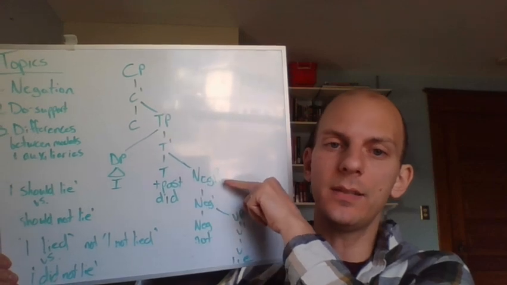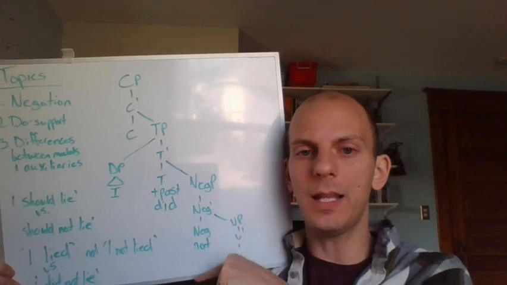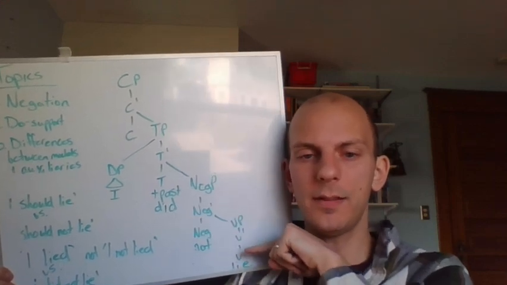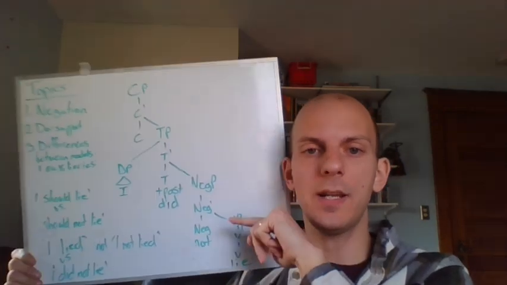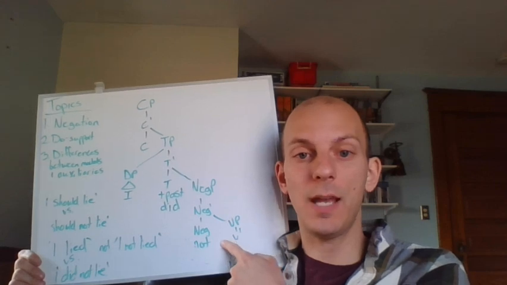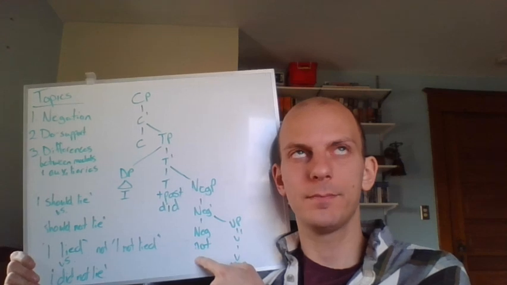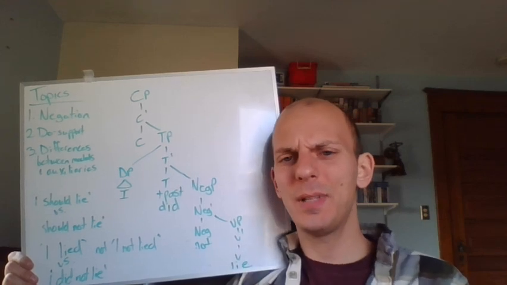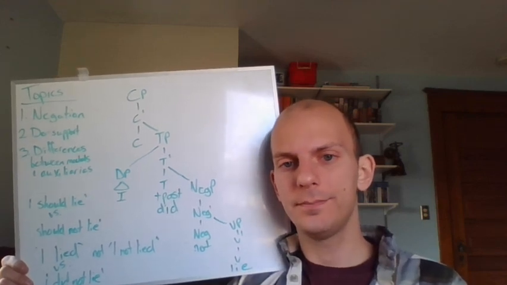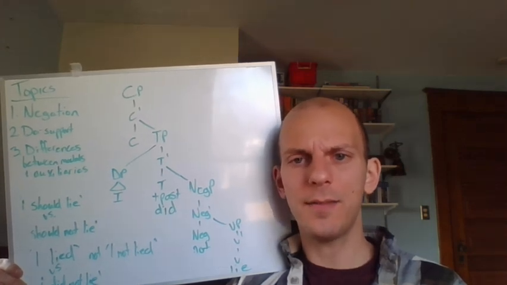As a sort of mini aside, this is actually one of the good pieces of evidence that NegP appears where it does in order to block this affix lowering movement from T to V. If the negation phrase instead were just a simple adverbial modifier off of the left side of V bar, we wouldn't really have the same arguments, because other adverbs don't block this affix lowering, right?